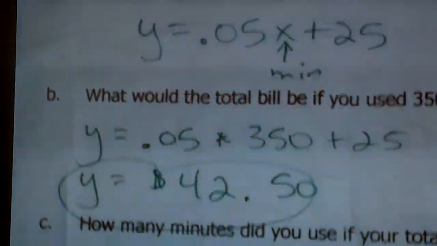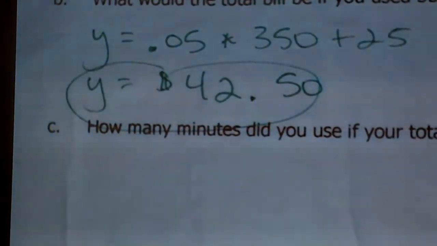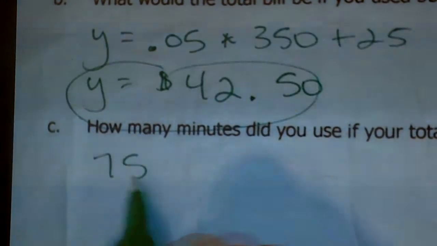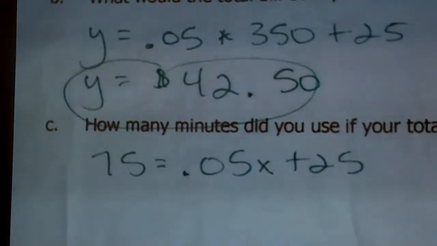Letter C, I ask you, how many minutes did you use if your total bill was $75? Well, if you recall, in our original equation, the y is the total bill. So now I'm going to plug 75 in for the y in my original equation. And now I want to solve for the minutes. So this is just like a regular old two-step equation.